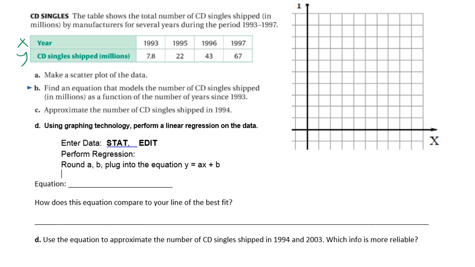Because the years start from 1993 to 1997, I will make 1993 to be year 0, and this would be year 2, this would be year 3, this would be year 4. We can make the scatter plot of data. Let's make these represent by tens.